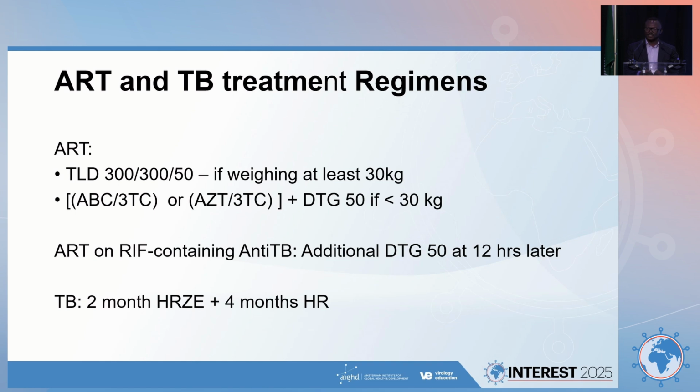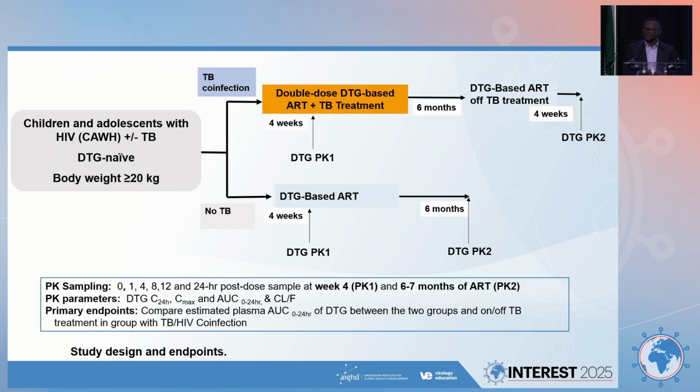For those with TB, 2 months of isoniazid, rifampicin, pyrazinamide, and ethambutol, and 4 months continuation of isoniazid and rifampicin. And this is a schema of the study design and endpoints, where our focus was on the PK parameters and the PK changes between the two groups.